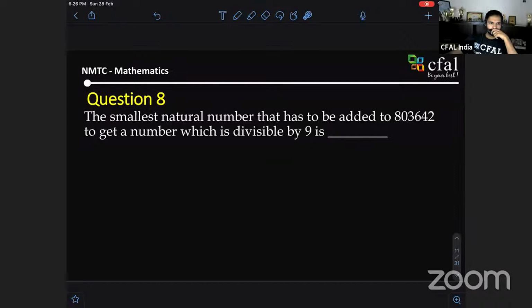In your chat box there are two options, so you have to re-click on CFL India. Probably there are multiple CFL Indias, that's why the confusion. Click on CFL India host, and probably you could chat there. I think the host position was shifted. Sir, I will rejoin this meeting. Okay, try that. If you still have issues, try that.